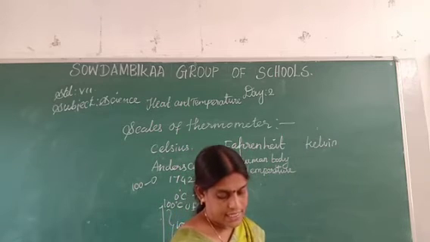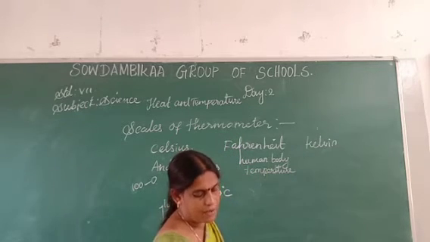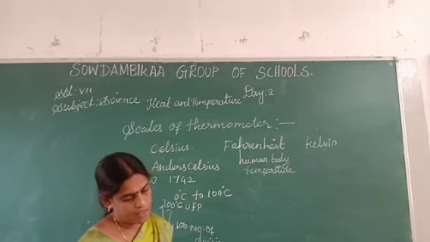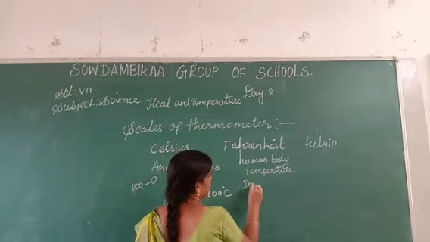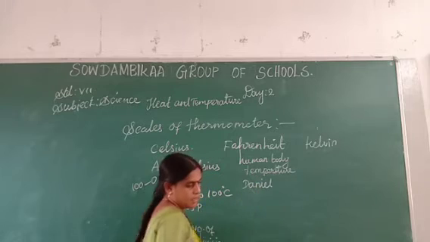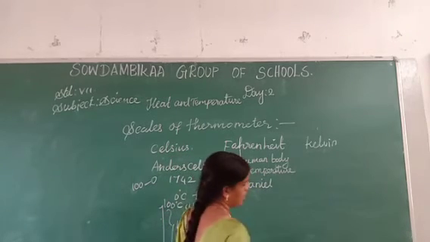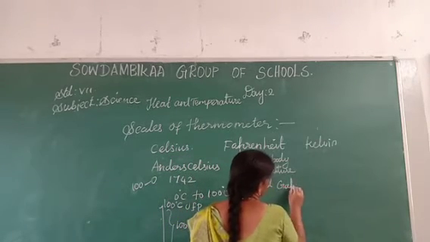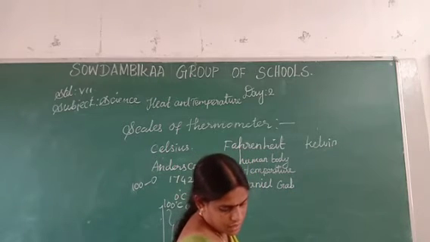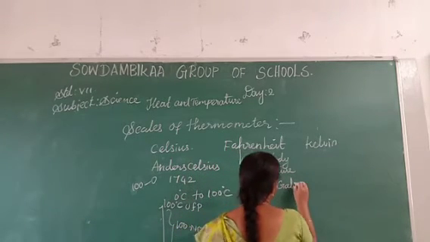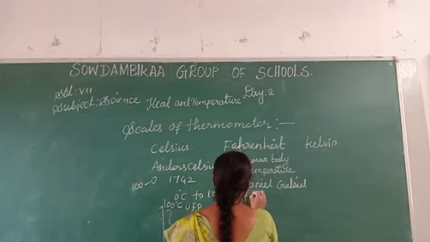Here, the German physicist Daniel Gabriel Fahrenheit. The full name is Daniel Gabriel Fahrenheit.